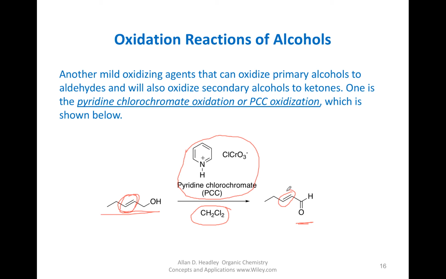So if it's a difunctional molecule, as shown here with the unsaturation, this reaction will not affect the carbon-carbon double bond, but it will just oxidize the primary alcohol to the aldehyde. So you can just put PCC in CH2Cl2, dichloromethane, in terms of showing that oxidation.